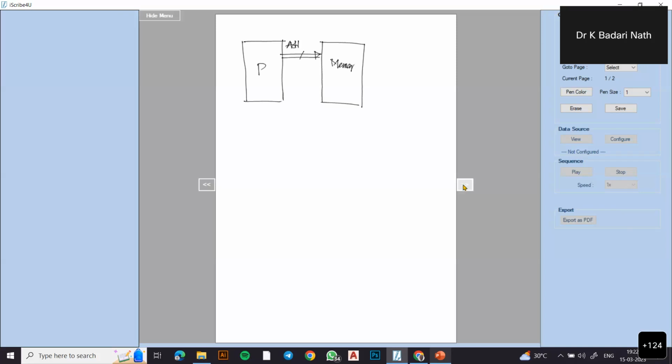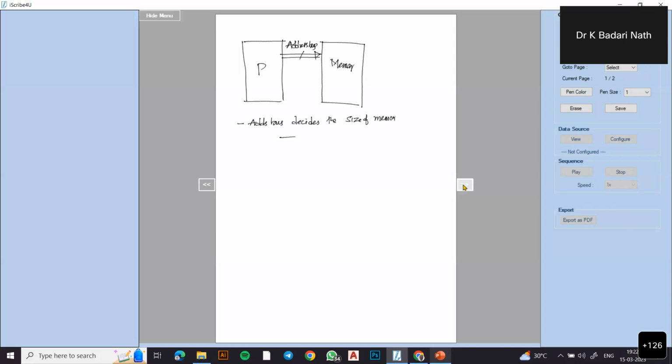This address bus is a set of lines which carries an address from the processor. The size of the address bus decides the size of the memory, or the total capacity of the memory.